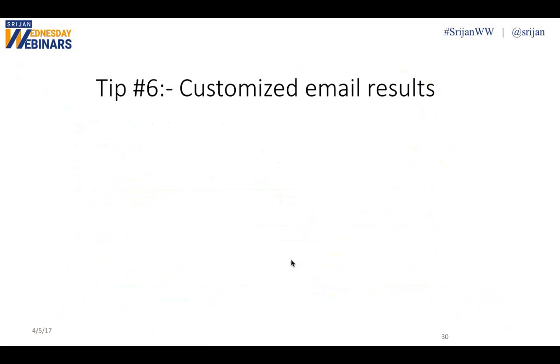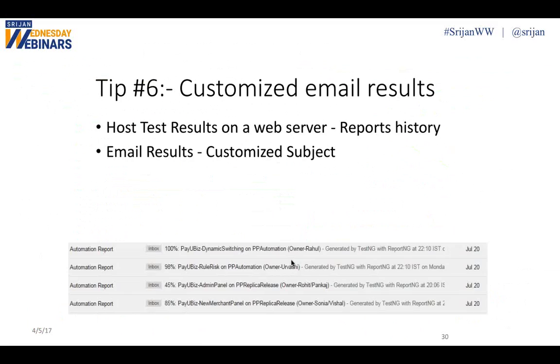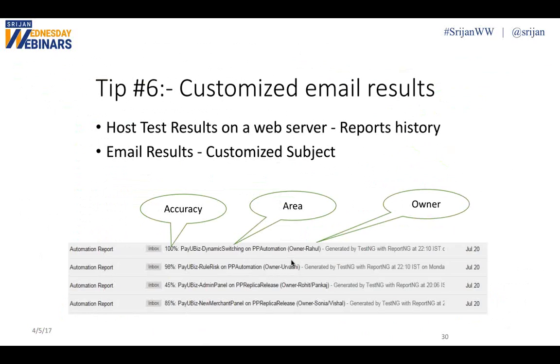For these 100 to 200 test cases, this person is responsible. Split your whole automation suite into small chunks and assign those to various area owners. Define that this is the area and this is the owner.